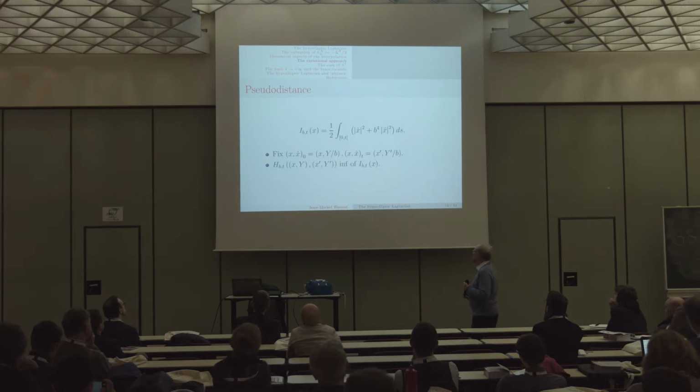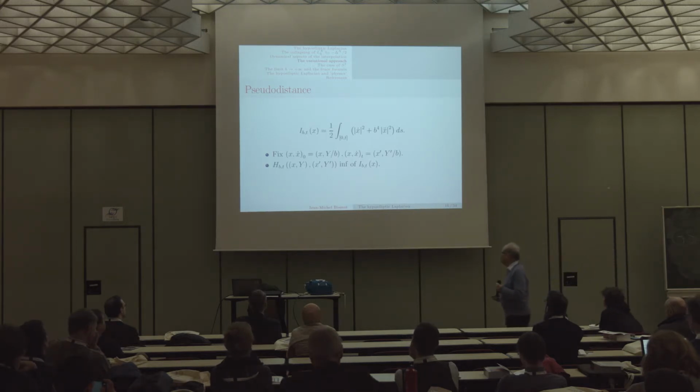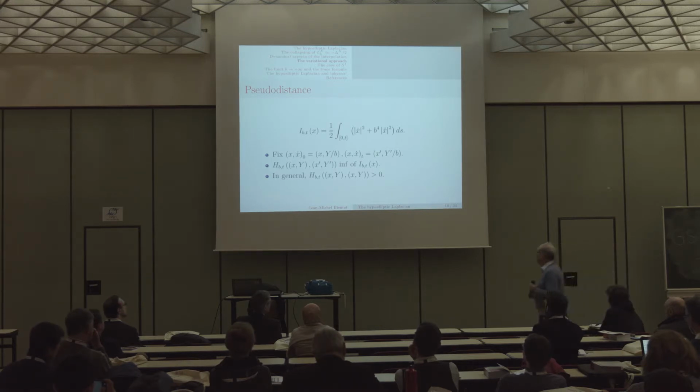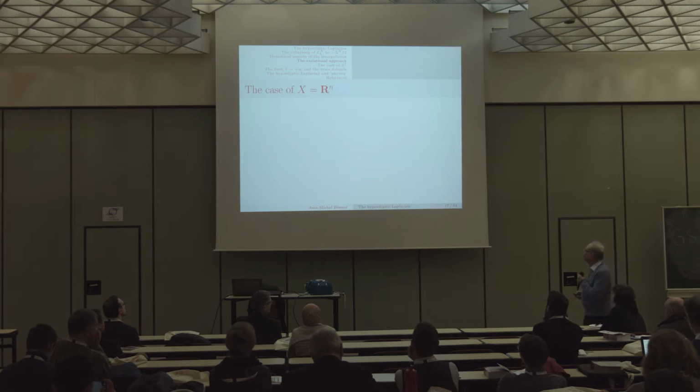So if you do that, you define h_b,t again of x, y, x prime, y prime to be the inf of this new energy. So this inf actually does not define a distance. This is very easy to check because in particular on the origin it does not vanish. So the underlying geometry is completely different from a Riemannian geometry.